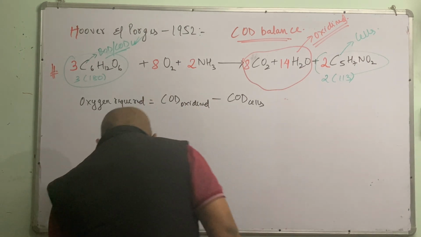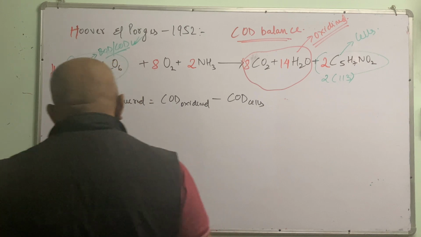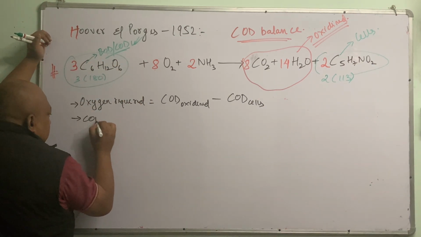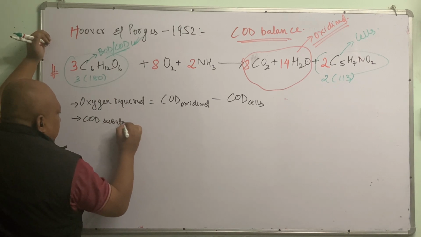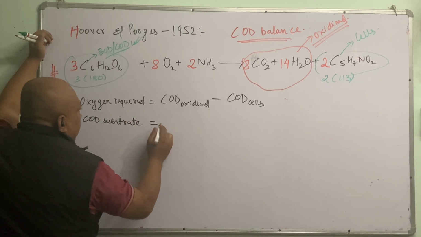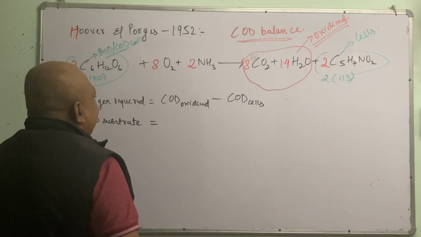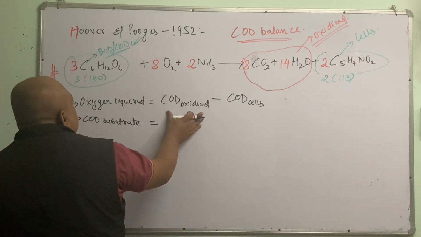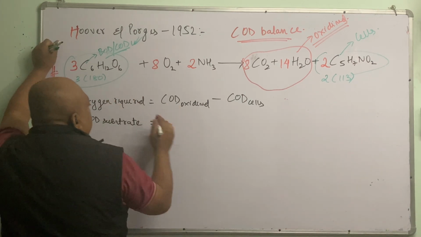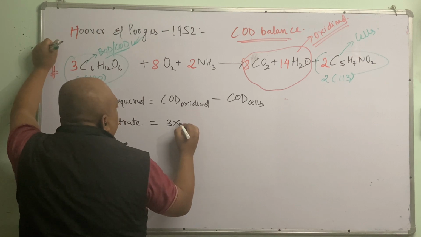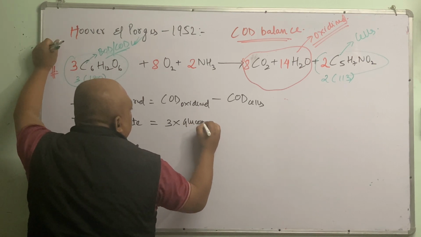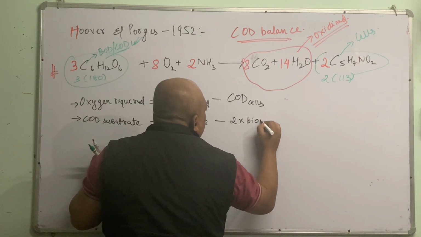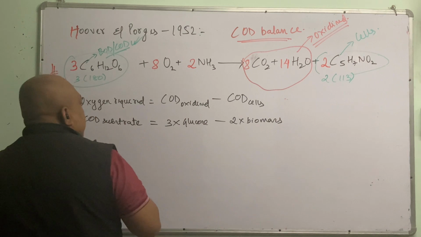And this one is the same as the COD of the substrate. So see, how much COD is oxidized is 3 into glucose, minus 2 into biomass.